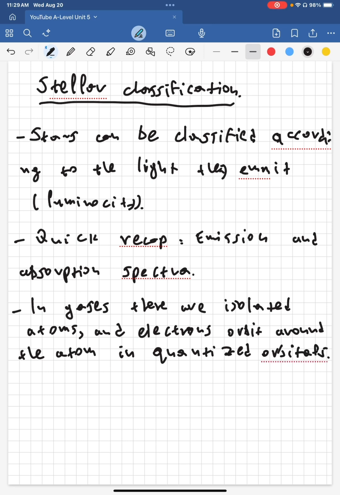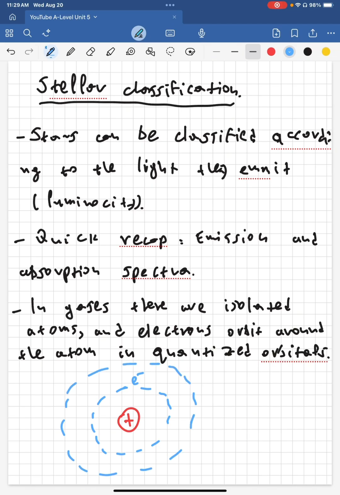Okay, so what do we mean by that? Let's make a quick scheme. Let's say we have a positive nucleus in the middle. We don't know which atom this is. Maybe it's helium, maybe it's hydrogen, maybe it's neon. Anyway, it doesn't matter. All that matters is that the electrons can only exist in these orbitals.